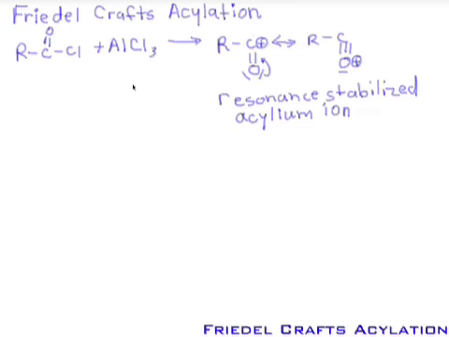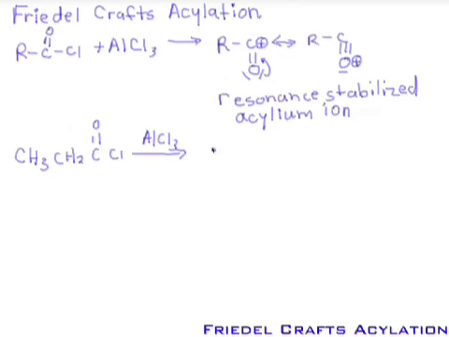So R could be a CH3CH2, in which I would get the following acylium ion. For example, I could use CH3, CH2, C double bond O Cl in the presence of AlCl3.